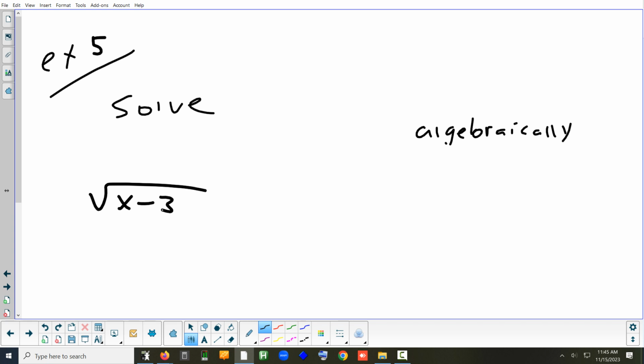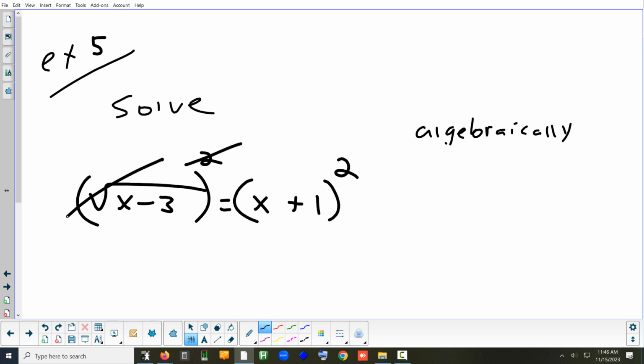Square root of x minus 3 equals x plus 1. Okay, so first thing, is the root by itself on one side? Yes, it is. So what would I do on each side to get rid of that root? Raise it to the power of 2. When you square the square root, that's gone.